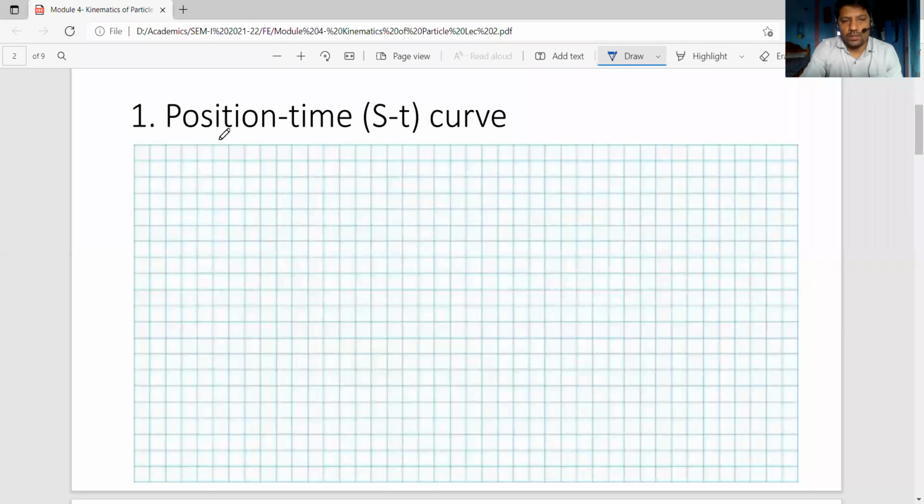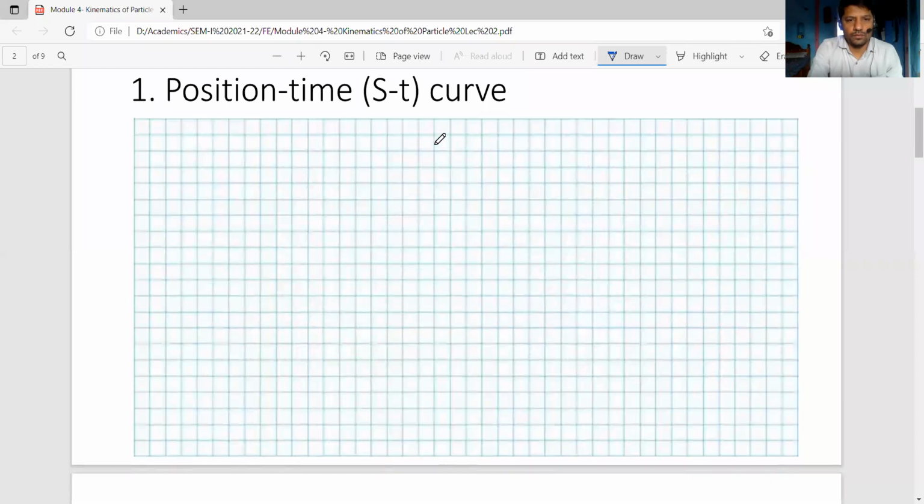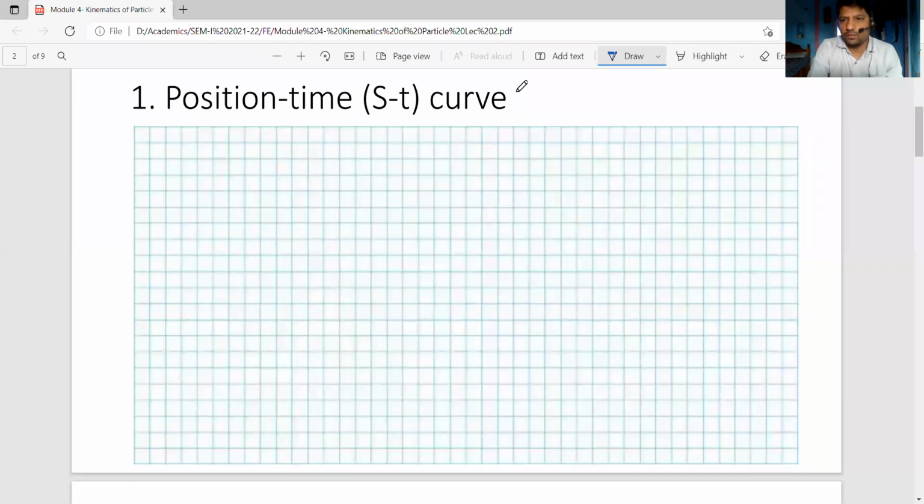It is also known as displacement time curve. You can say ST curve. Okay, so pay attention.